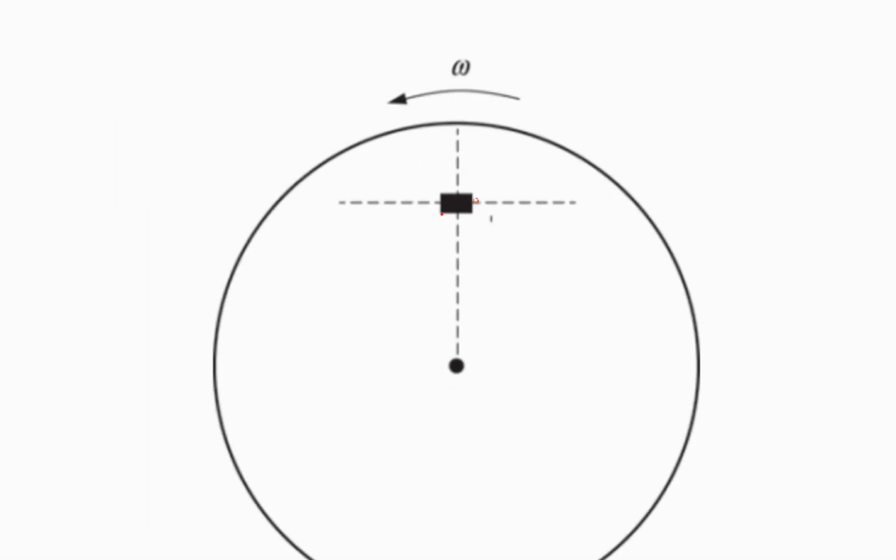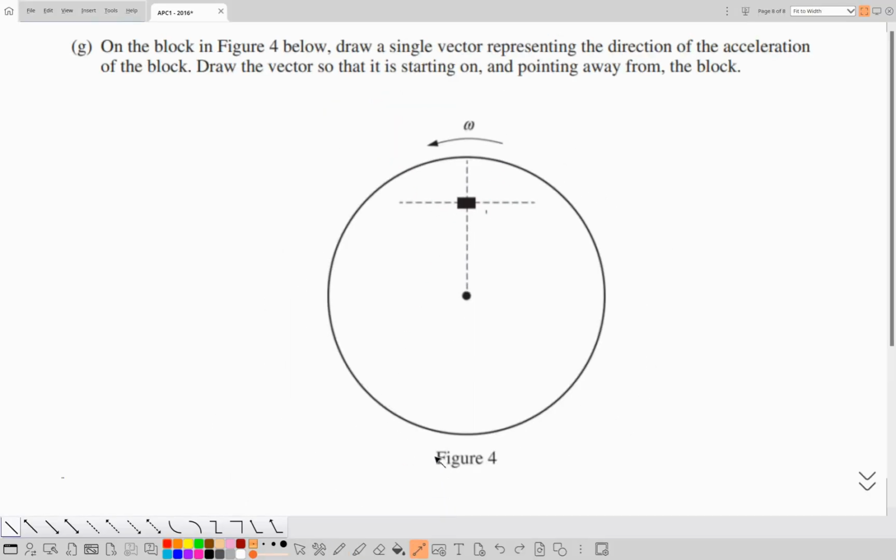However, we know that part of the acceleration would be toward the center, but you should also take into account the torque done by the motor, which is providing an acceleration in the negative direction if this is the direction of rotation. So in this case, the acceleration would be pointing down to the right. So that would be the acceleration of the block. And let me represent it as a vector.